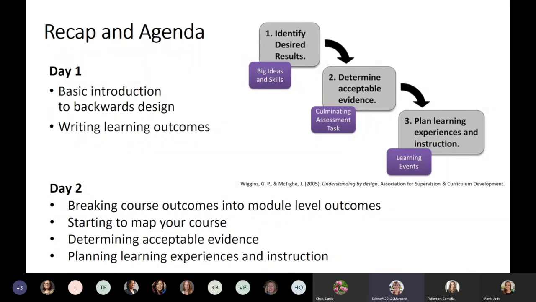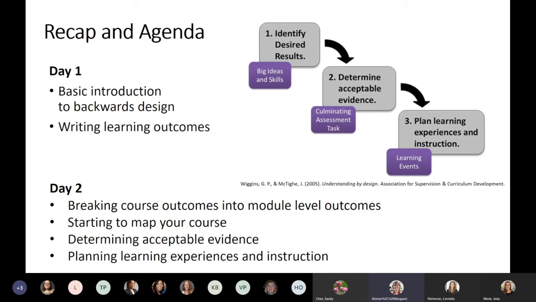So introducing the second step where you're thinking about how you're going to design assessments that provide evidence that the students know the content and can do the work. And then when you have those two things in place, we're going to be planning our learning experiences and instruction throughout the course. And so that's what we're going to go into in more detail today.